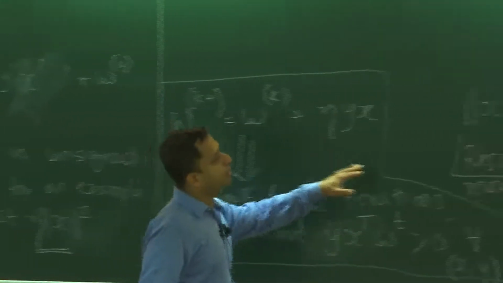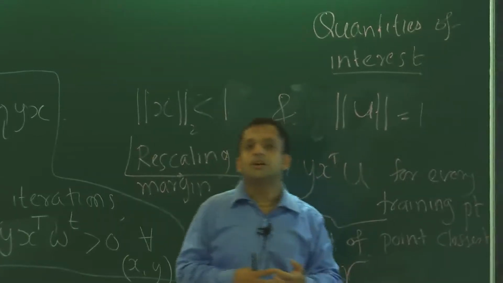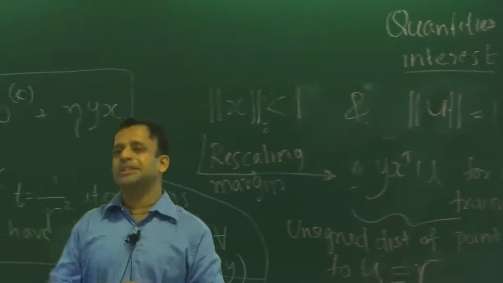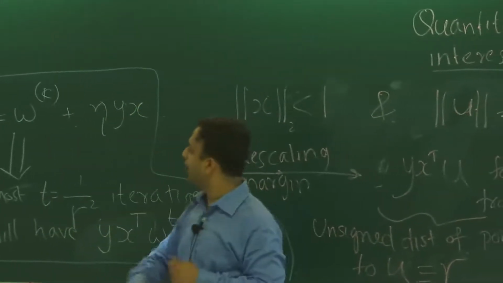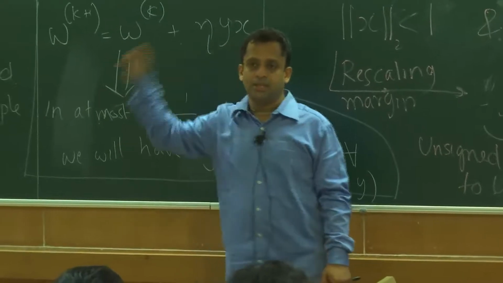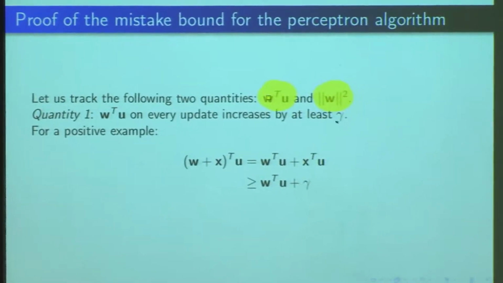You would like it to shrink, right? You may start with some arbitrary w. I have not yet put a constraint on where I start w from, but I am going to inspect how norm w square behaves and how w transpose u behaves.